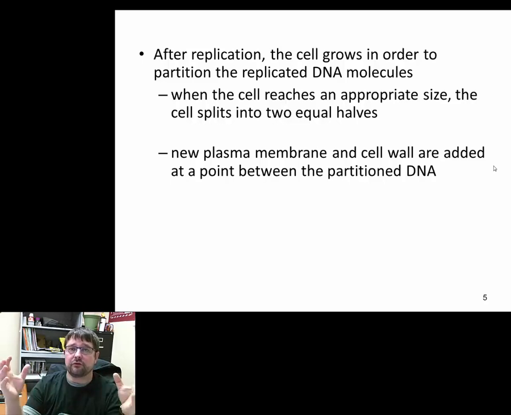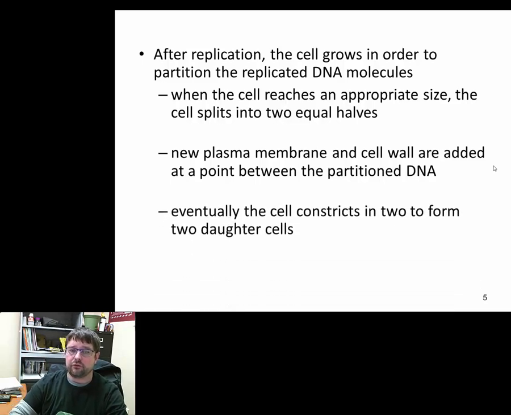So nonetheless, that material starts to stretch and be kind of pulled apart until it gets really thin, and then new layers will form around the DNA. And so you'll get the constriction of the cell to form 2 daughter cells. Now when we're talking about daughter cells, we're talking about identical copies, genetically identical copied cells.